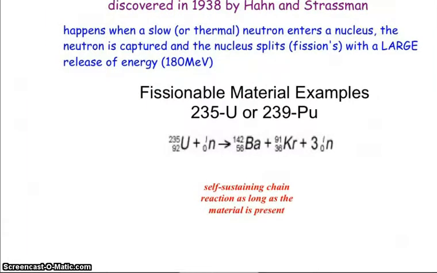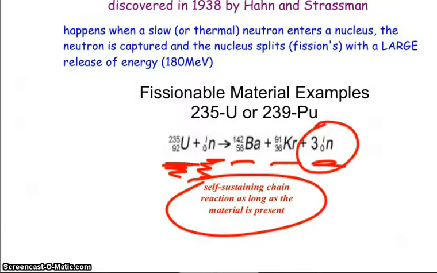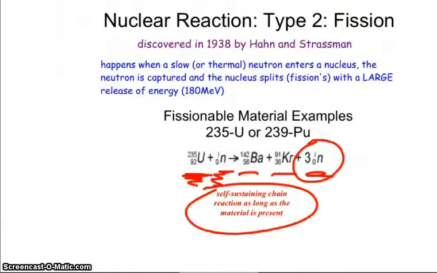You have some big nucleus, a neutron enters, and it splits. Then you form two elements and actually three neutrons also exit. Now those extra neutrons are why this would be considered a self-sustaining chain reaction. And nuclear power plants use self-sustaining chain reactions.